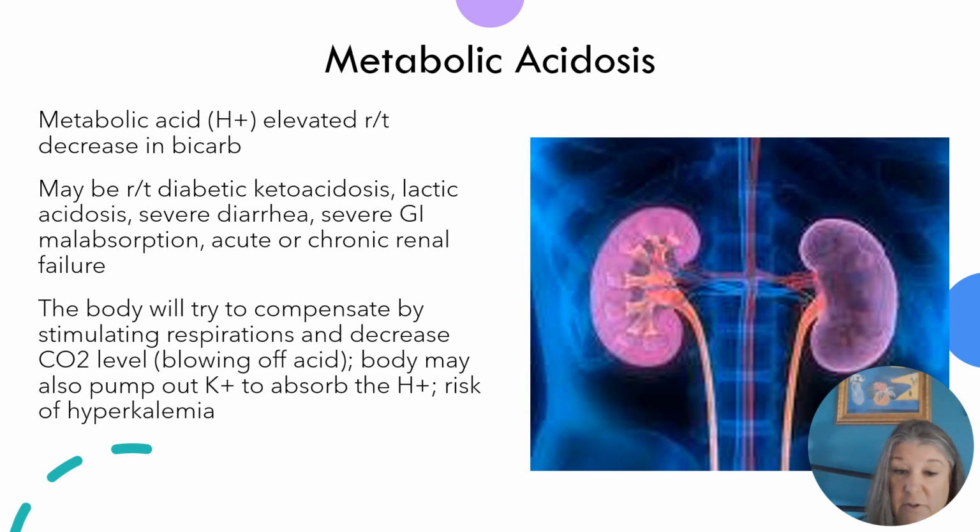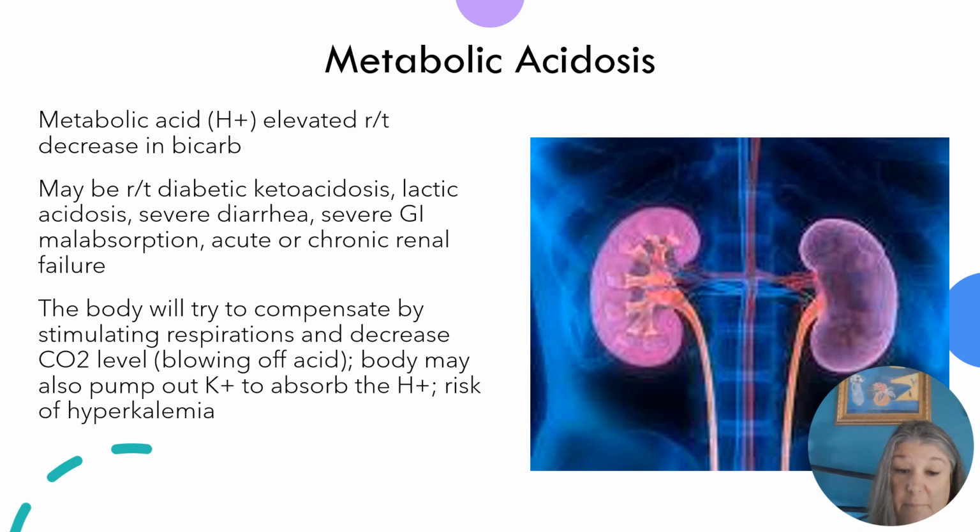So if you've run a marathon or you worked out extra hard and you have a lot of muscle breakdown, you can end up with a metabolic acidotic state. Diarrhea, we poop out bases for the most part. So with severe diarrhea, you've pooped out those bases and those acids have stayed. Severe GI malabsorption and acute or chronic renal failure.